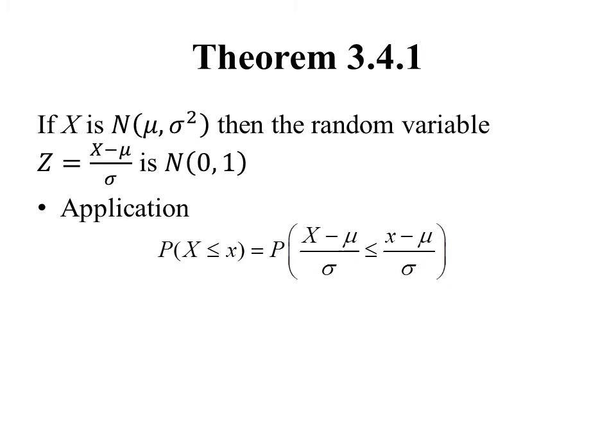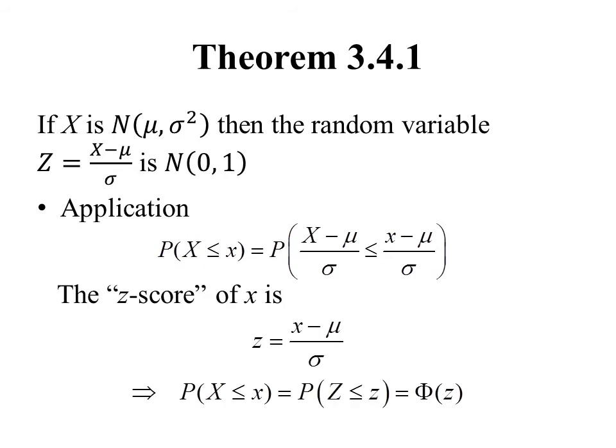Say we want to calculate the probability that X is less than or equal to x. Well, inside of this parenthesis, we could subtract mu from both sides and divide both sides by sigma, and we get this probability right here. This random variable right here has a standard normal distribution. This over here is some number: x is a given number, and mu and sigma are numbers, so this is a number.